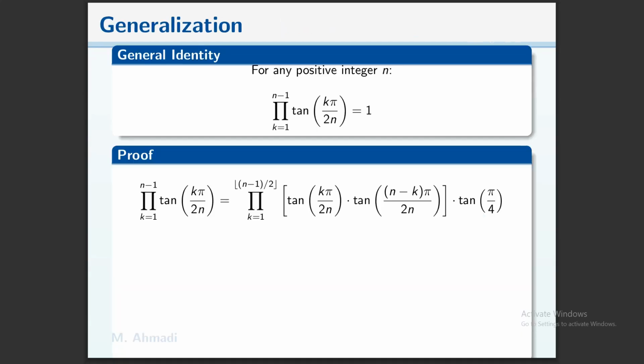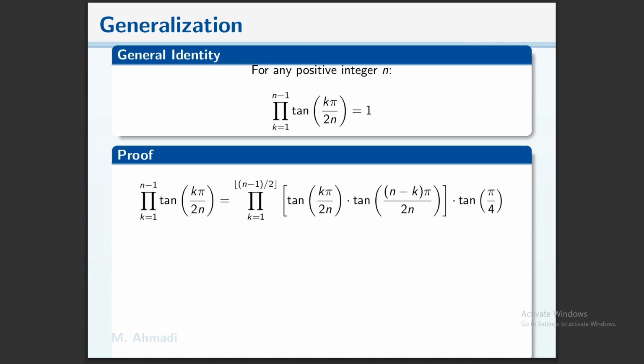And finally, we can add the general identity for any positive integer n. The product of tangent of k pi divided by 2n, k from 1 to n minus 1, is equal to 1.